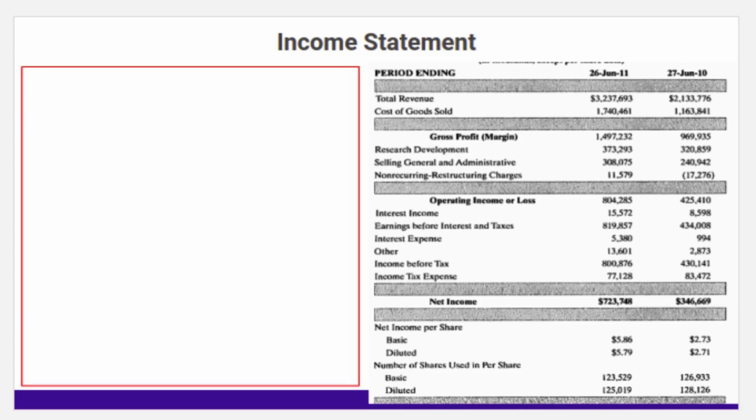In this income statement, all the numbers are in thousands except the share prices.